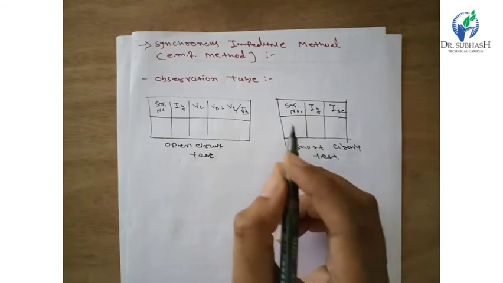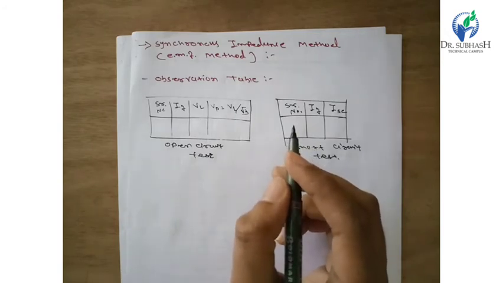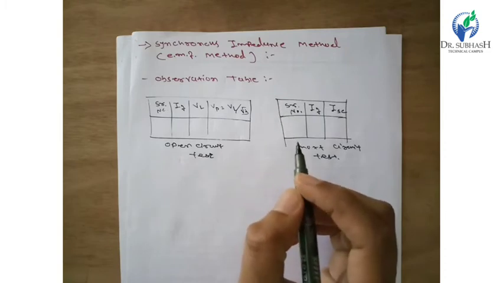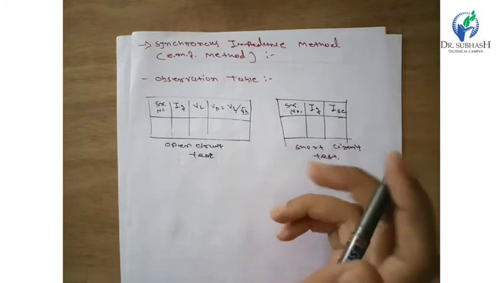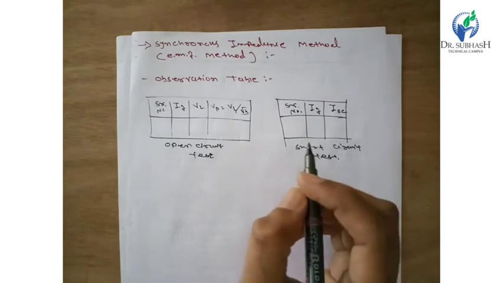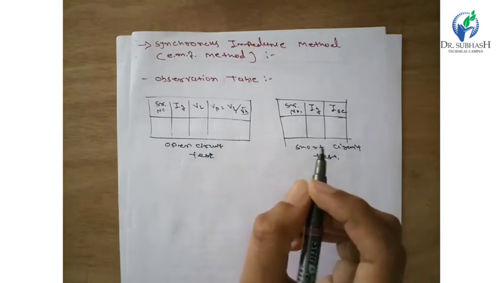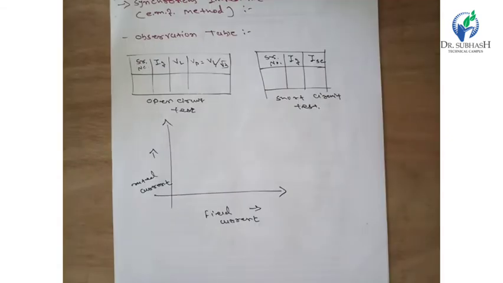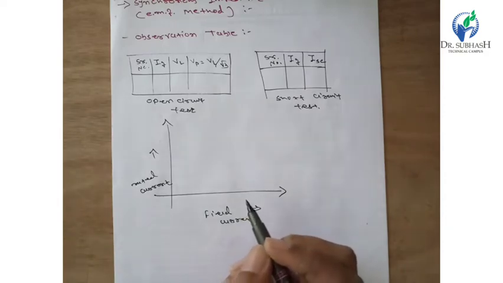The open circuit voltage and the short circuit current for the same field current are plotted in the graph. Now we draw the graph of the characteristics of the open circuit and short circuit connection. Here we draw the graph of rated current versus field current.